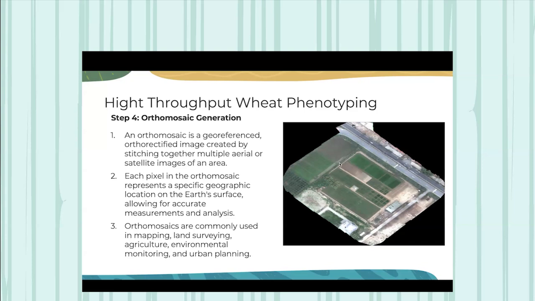So we are just stitching together the different images taken at different time series of the crop by combining the GCPs data with the images. Each pixel in the orthomosaic represents a specific geographic location on the Earth's surface, allowing for accurate measurements and analysis. Orthomosaics are commonly used in mapping, land surveying and agriculture environments.